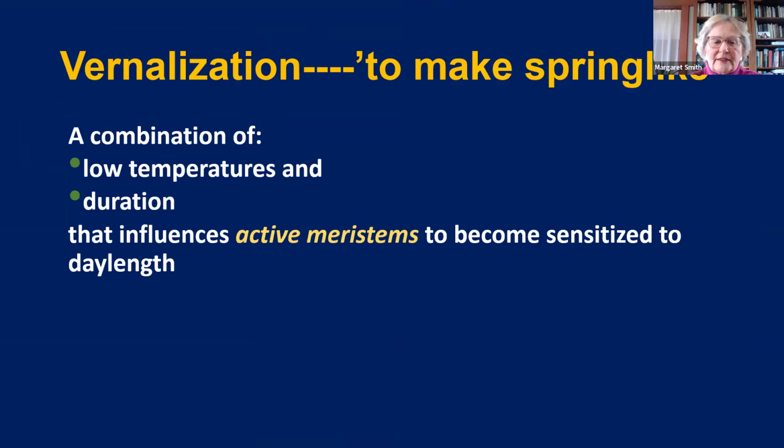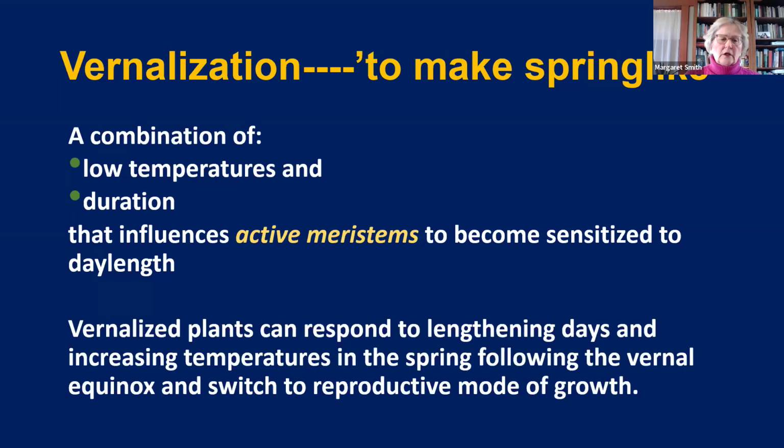Vernalization influences active meristems. So this is the part of the plant that has actively growing cells. And that meristem then becomes sensitized to day length the following spring. So vernalized plants can respond to lengthening days and the increasing temperatures in the spring following the vernal equinox, and that allows it to switch to reproductive growth.